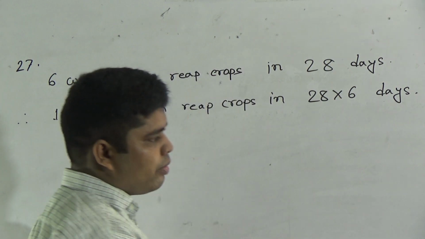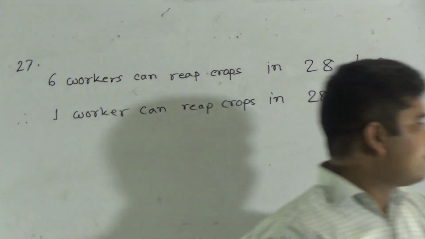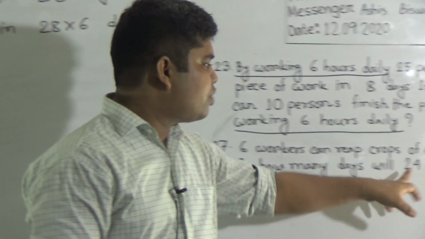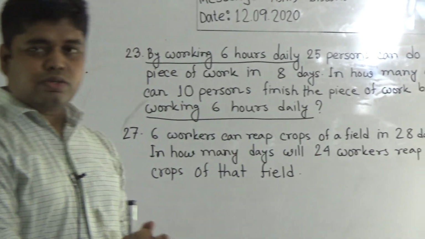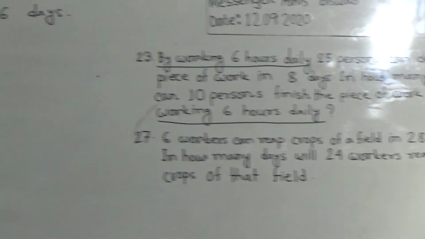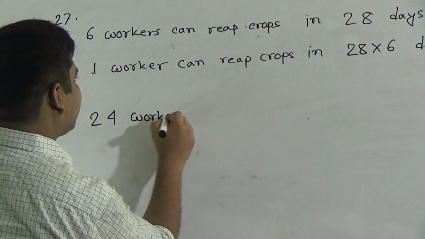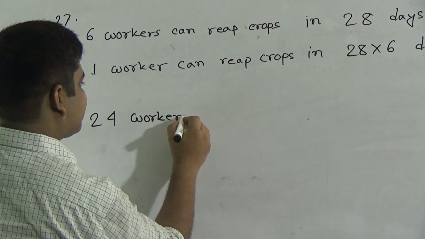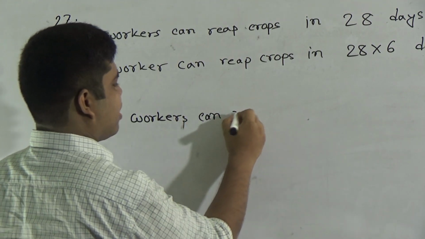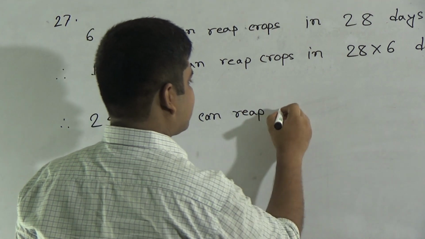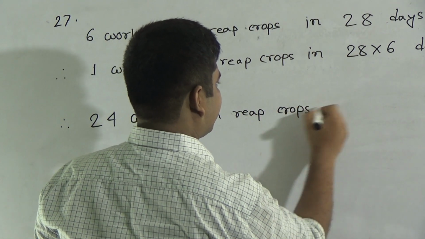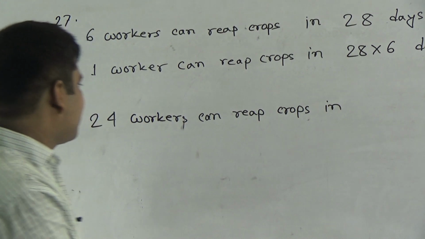Okay, now you find: if 24 persons do that amount of work, then how many days will be needed? So write therefore 24 workers can do it in how many days?